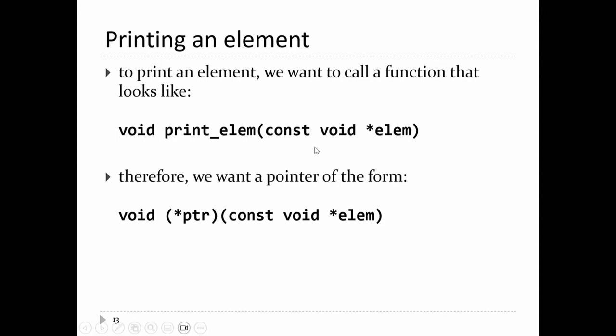So if I want a function that looks like this, then the caller can specify such a function by giving me a pointer to a function that looks like that. In other words, they need to give us a pointer to a function that returns void and has const void star as its argument. So I want a pointer PTR to a function that returns void and takes in a const void star element.